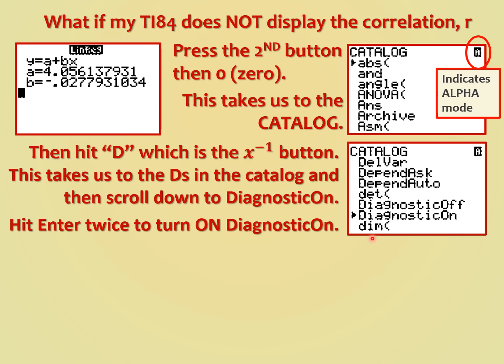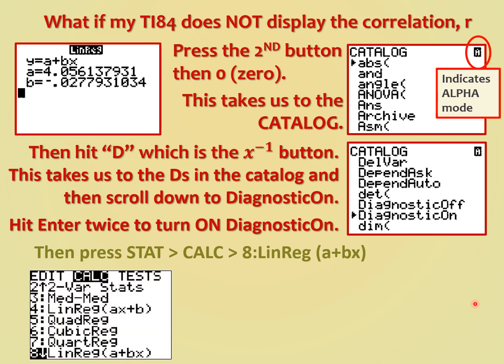Then just use your scroll button to scroll down to something called diagnostic on. Once you do that, hit enter to select that, and then it pastes the command back on your home screen, at which point you can hit enter again, and it executes the command. Nothing really seems to happen, it just says done, right? And so then you want to go back and rerun your linear regression. So hit stat, calculate, and then hit the 8 button.